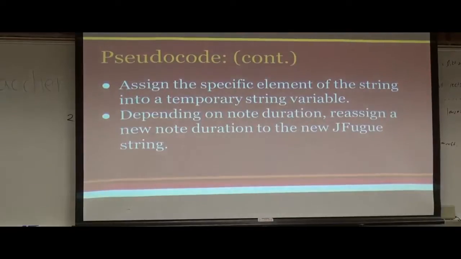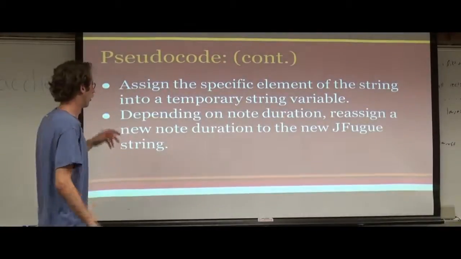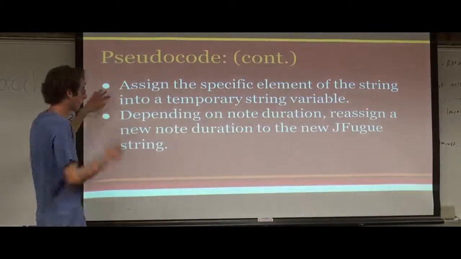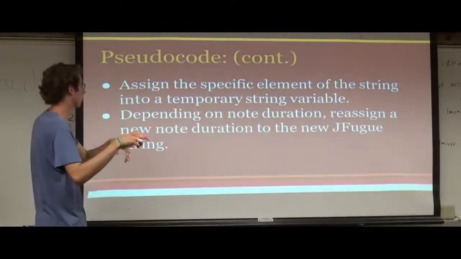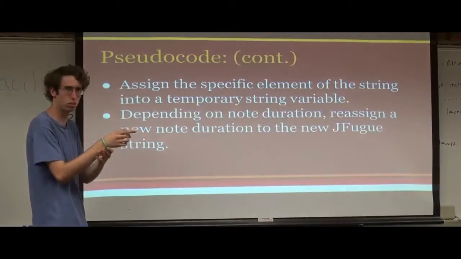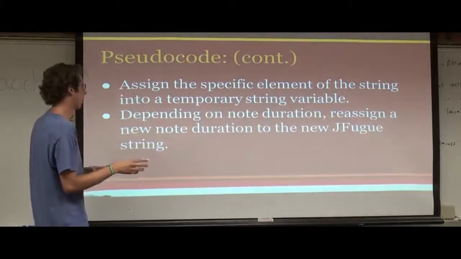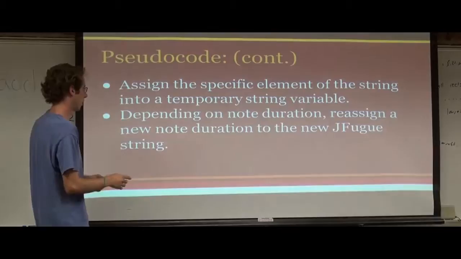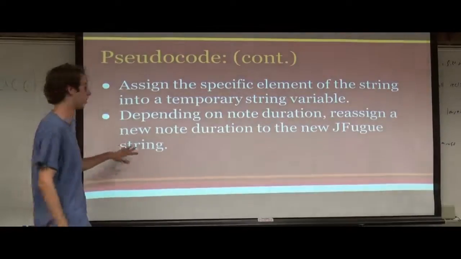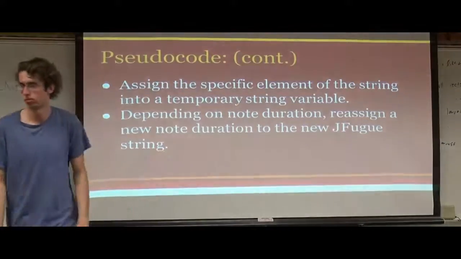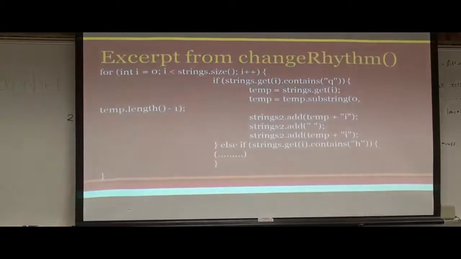And then after that, it assigns the new duration to the note that it analyzed, and then it makes a new JFugue string and returns it. And this is a small bit of code.